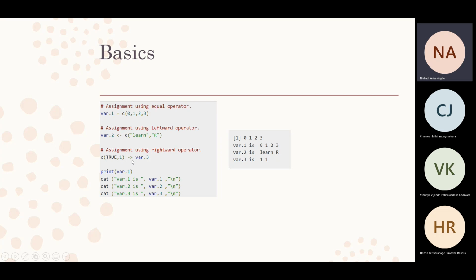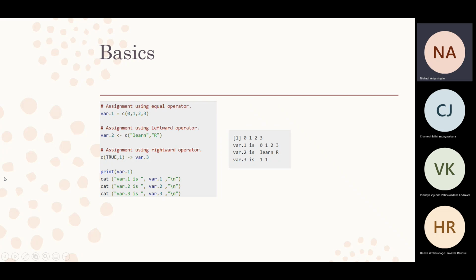So remember, when you are using the rightward operator, you have to write the assignment variables, or what you are assigning, in a relevant way, right? So if you use variable 3 here, and the character value, or this value here, something else will happen, right?